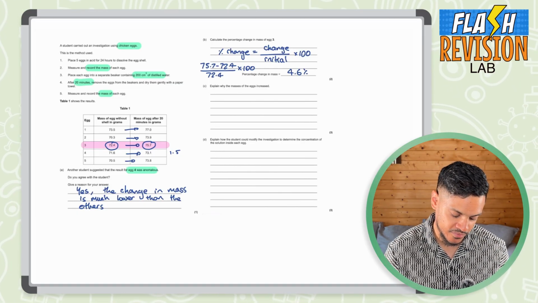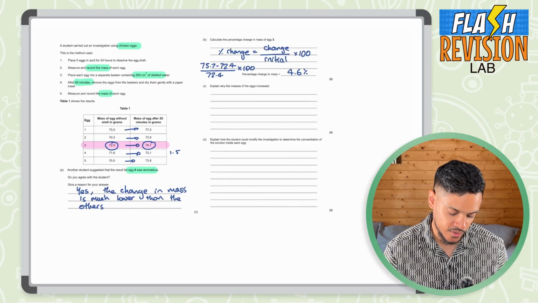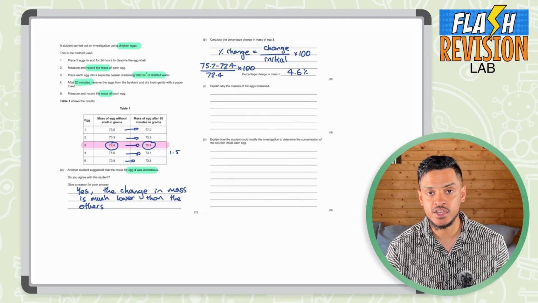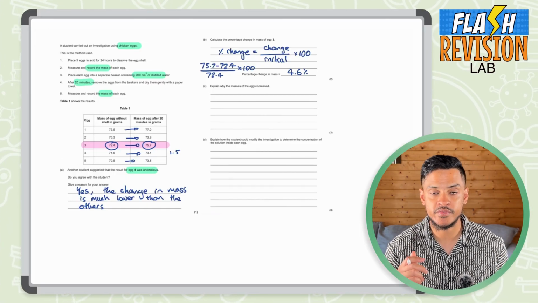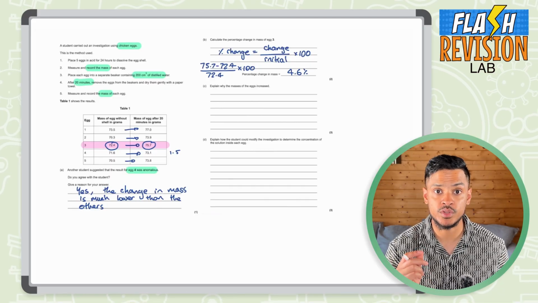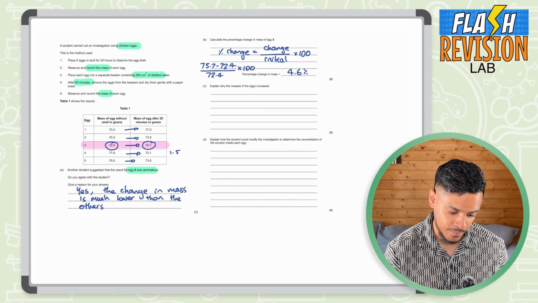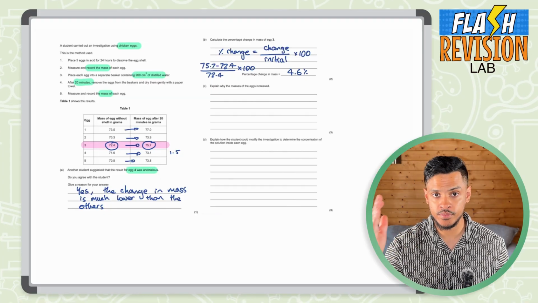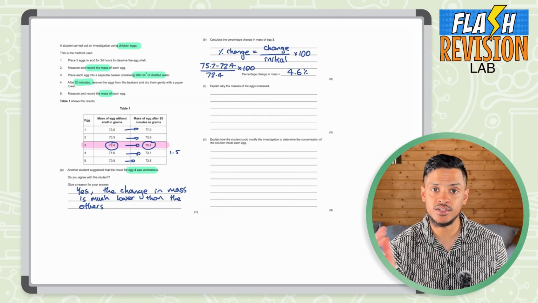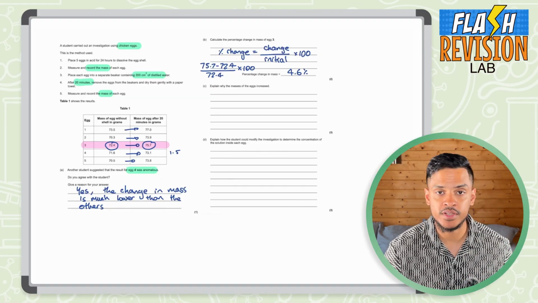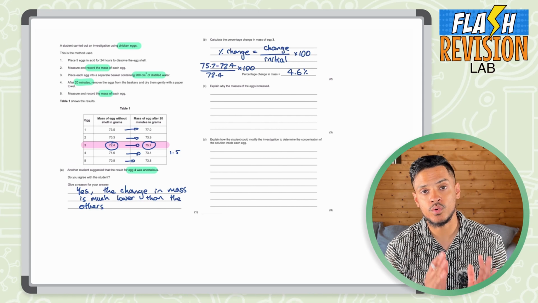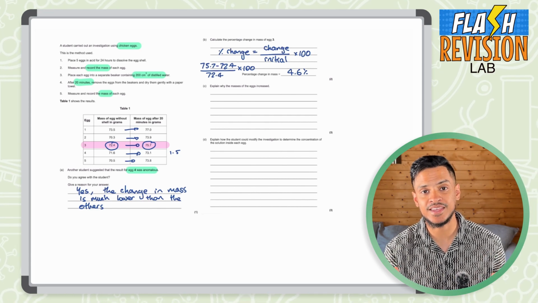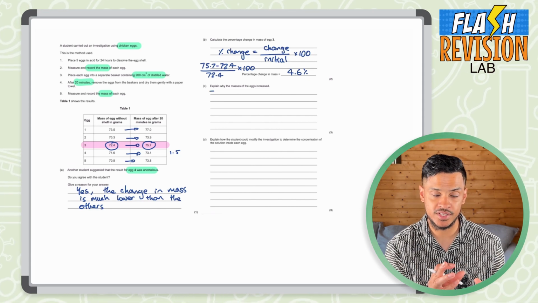Why did the mass of the eggs increase? So this question is all to do with osmosis, so we need to explain it in terms of osmosis. Remember, osmosis is to do with water. So what's happening if the mass of the eggs is increasing is water is moving from the water outside into the egg. And the only reason that's happening is because the water concentration outside the egg is greater than the water concentration inside the egg.